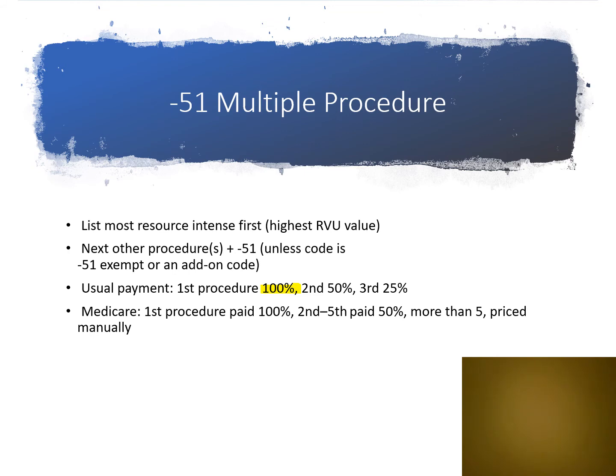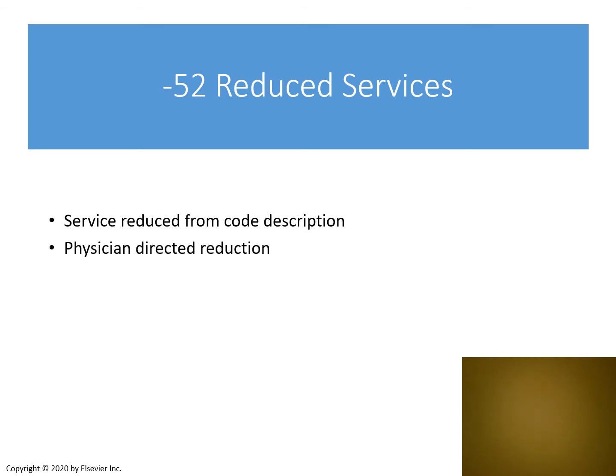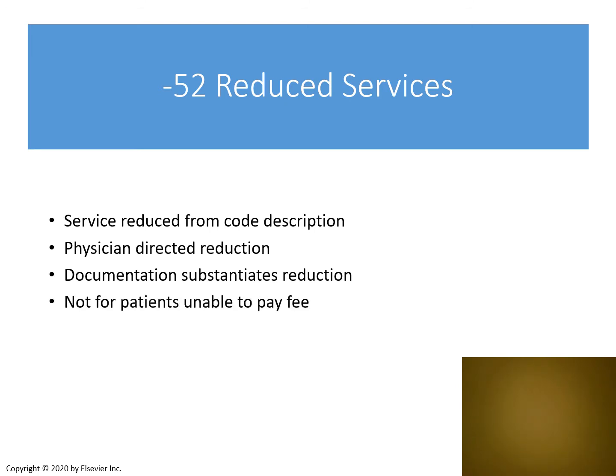Medicare is going to pay the first procedure at 100%, the second through the fifth at 50. Reduced services, the reduction is going to be directed by the physician to stop the service that's being performed. And there's documentation that has to be provided to explain why there was a reduced service, like what happened.